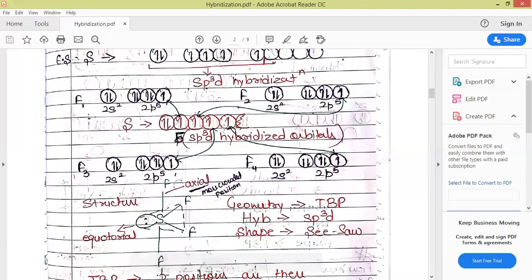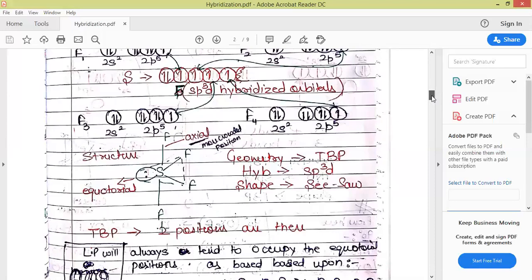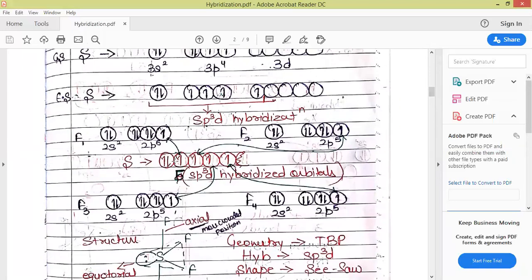So here are the 5 sp3d hybridized orbitals, and this is 1 lone pair, and 4 are the singly occupied orbitals. So these 4 electrons will make a sigma bond.